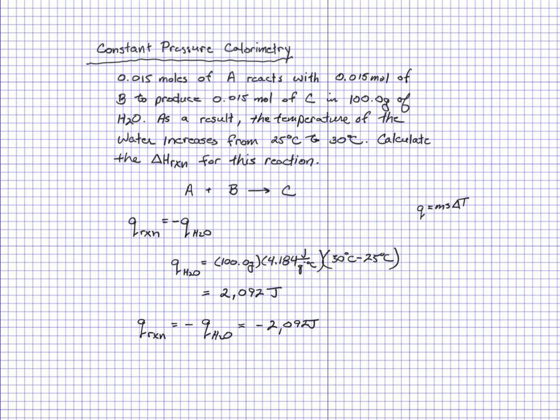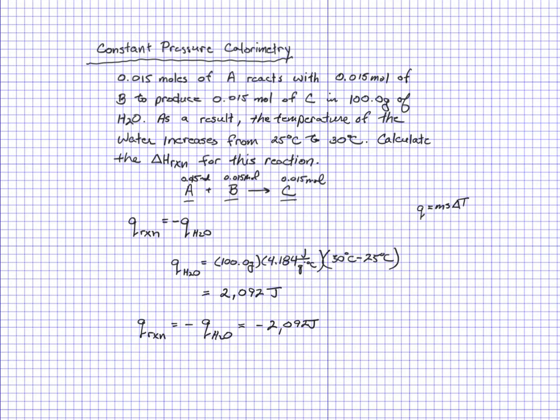So we know that in every cycle of this reaction, we're going to consume one molecule of A, one molecule of B, and produce one molecule of C. We know that we're starting off with 0.015 moles of A and 0.015 moles of B. And we're going to produce, assuming that the reaction goes to completion, 0.015 moles of C.